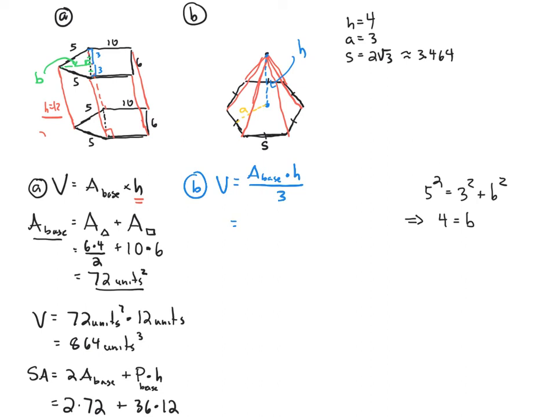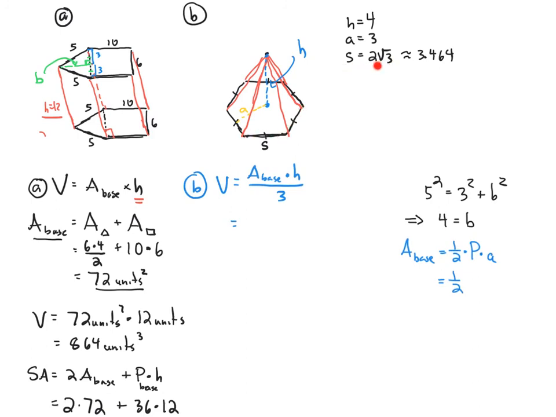So the area of the base, well, we have a formula for that. Maybe we'll write it over here. The area of the base is half times the perimeter times the apothem. And we have all of that. So it's a half. Well, the perimeter is 6 times the side length.